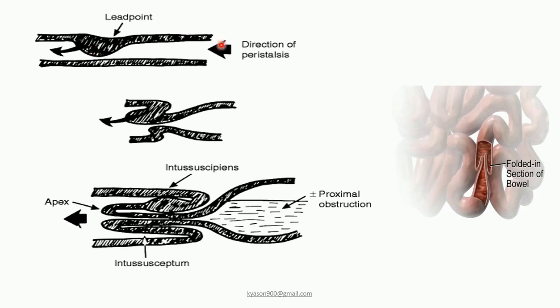Because whenever peristalsis goes on, we know that these walls are going to be moving, and because of that tissue protruding into the lumen, this peristaltic wave can easily cause this part of the gut to enter the adjacent part of the gut, as you can see here, and this leads to an intussusception, one of the causes of small bowel obstruction. Okay, so I won't go into depth on all this because it was explained in detail in previous lectures.